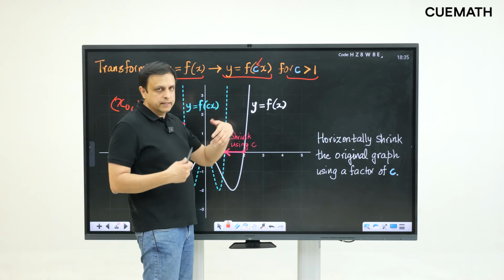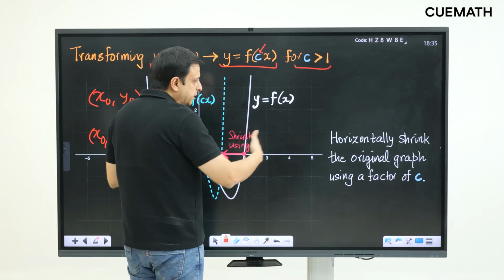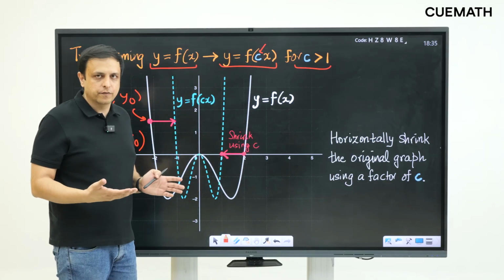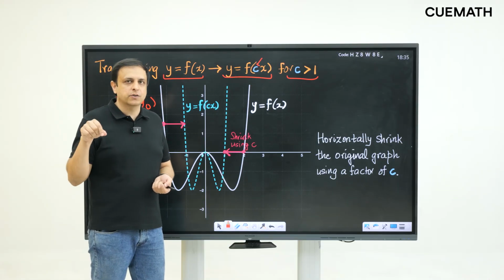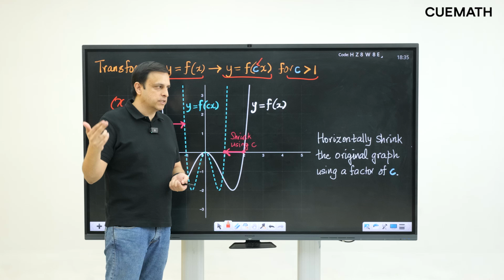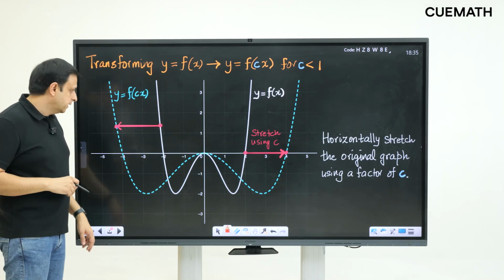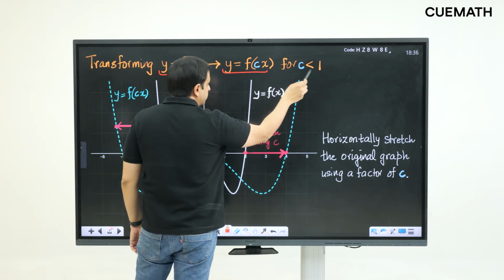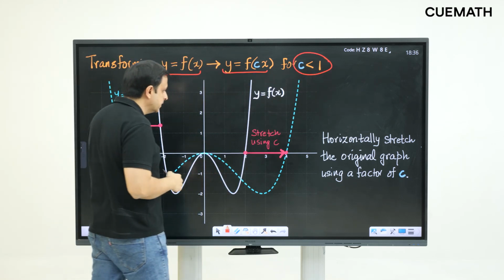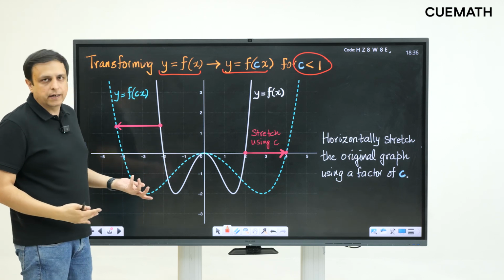that happens by a factor of c. So if c is, let's say, 5, for example, then you have a horizontal shrinking by a factor of 5. Every point gets transformed to a new point that has an x coordinate 1/5 the original x coordinate, and that is what goes on here. In the other case, where you're transforming f of x to f of cx, where c is less than 1, what happens is a horizontal stretching by a factor of c.